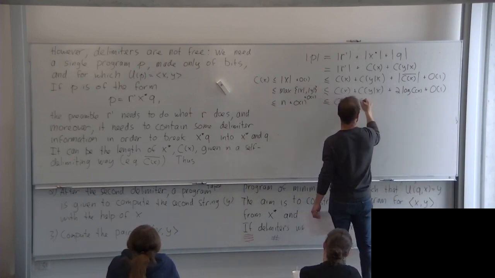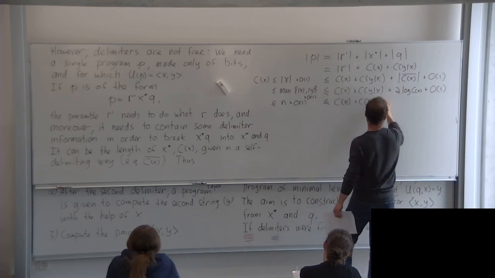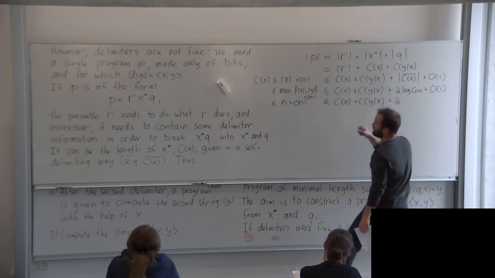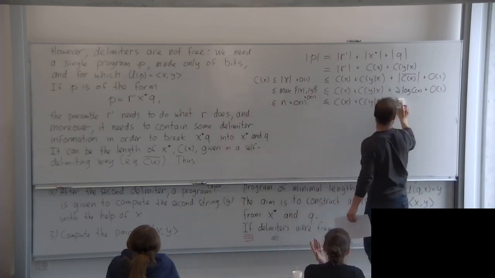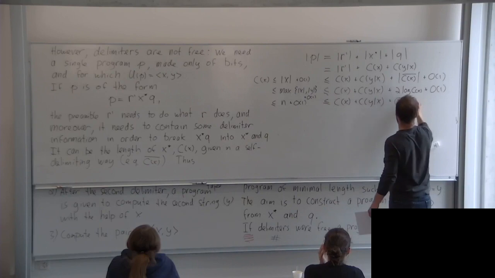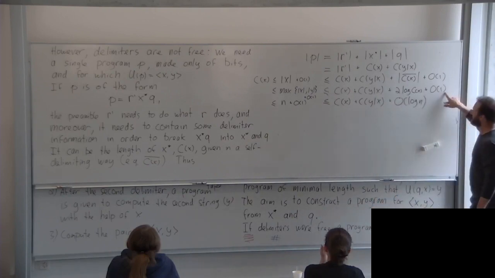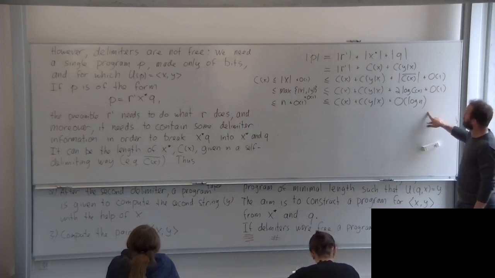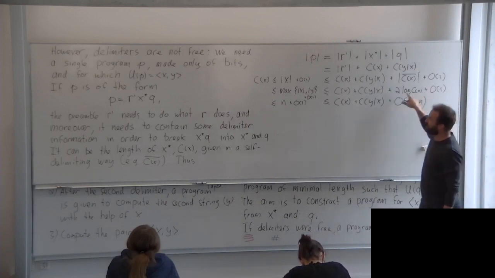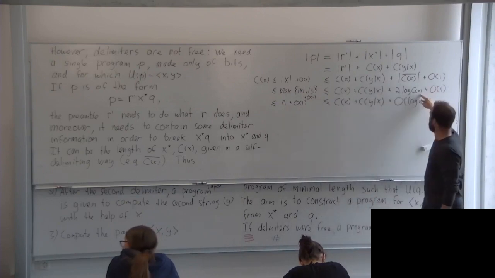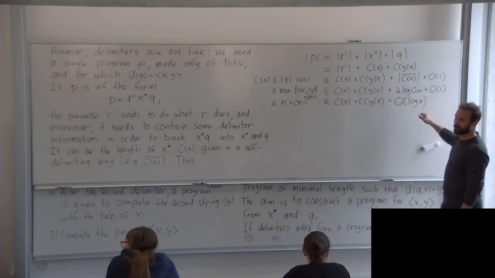The first term doesn't change, the second term doesn't change, plus 2. I don't even need that anymore. I think just O of log n does the job. I'm absorbing this constant into the order of log n, and c of x is smaller than n, and so the log of c of x is order of log n.